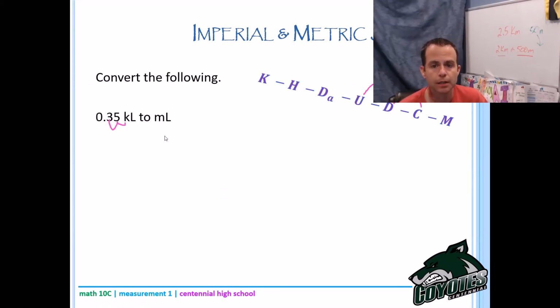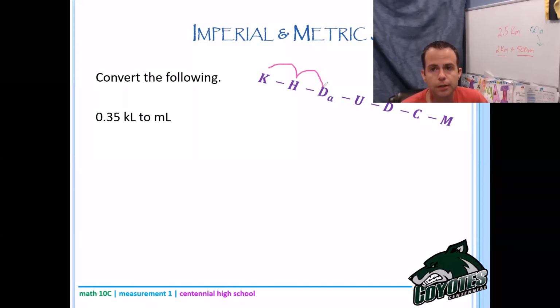Okay, let's try, sorry, I'm just going to take my ink off there. Convert 0.3 kiloliters to milliliters. Okay, so for kiloliters to milliliters, I got to go 1, 2, 3, 4, 5, 6. So 1, 2, now 3, 4, 5, 6.